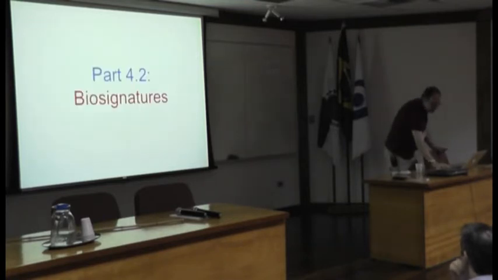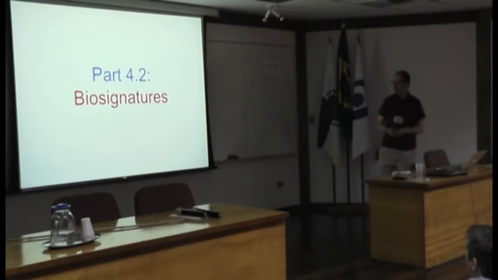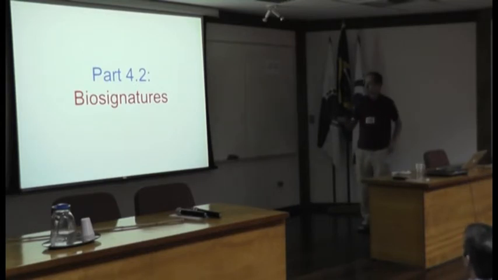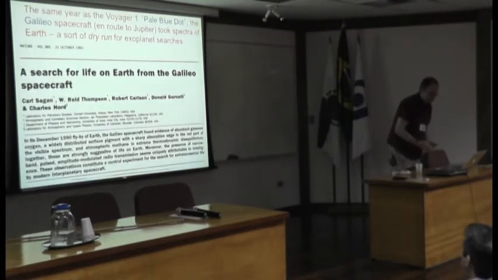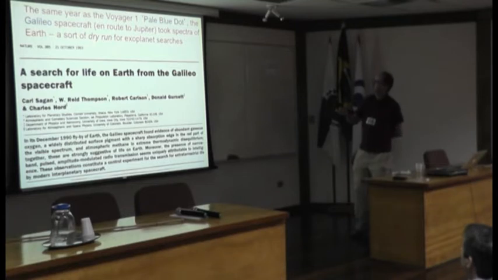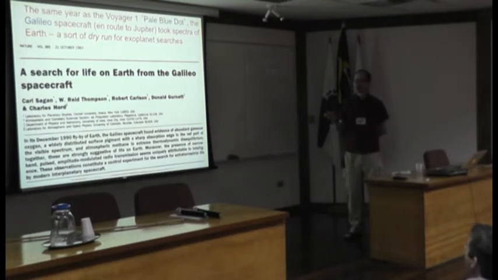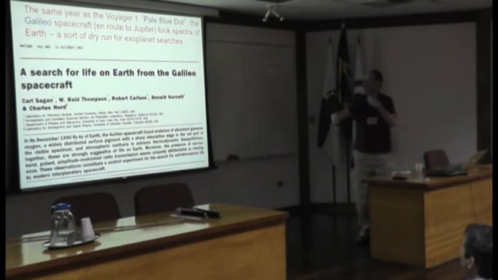So part 4.2, biosignatures. This is the third part of the talk. And there's been a sort of look at the Earth, which is a dry run. In other words, a kind of trial run for exoplanet searches. And it was done by the Galileo spacecraft.